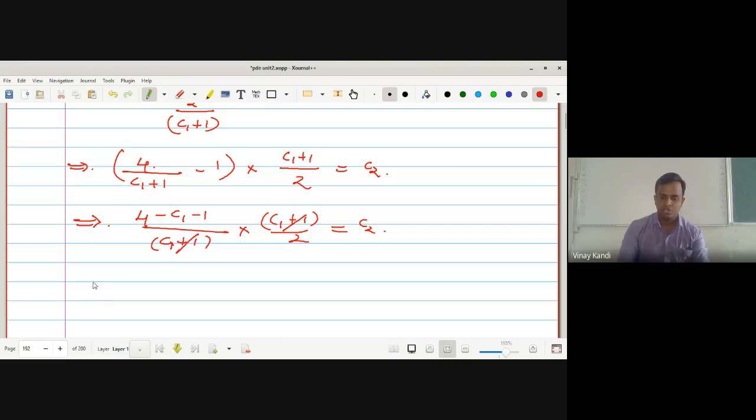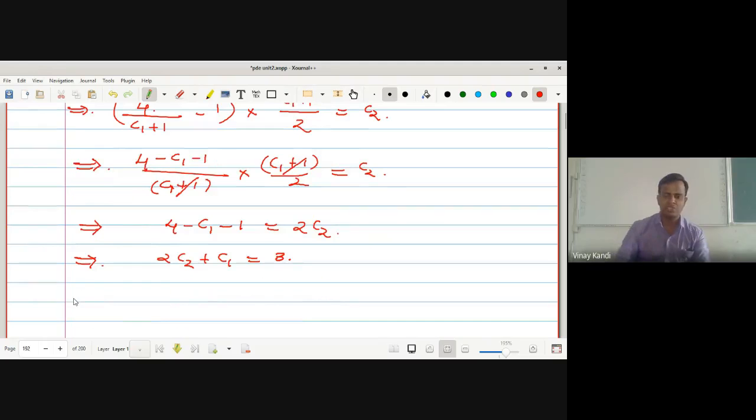So here we get 4 minus c1 minus 1 is equal to 2c2. So that implies 2c2 plus c1 is equal to 3. So this is the relation between c1 and c2.